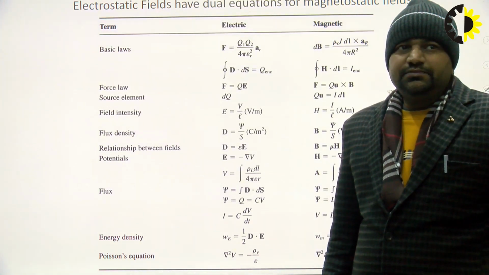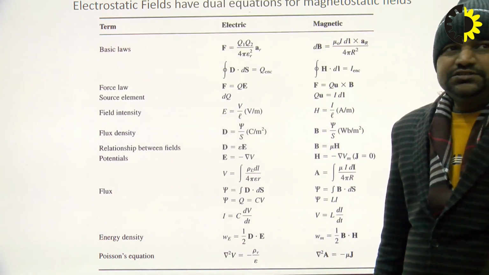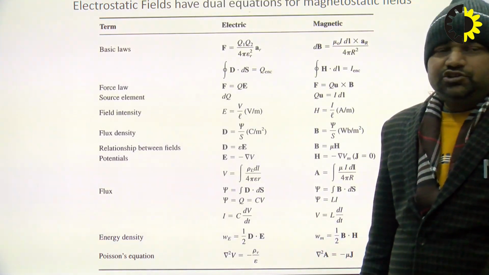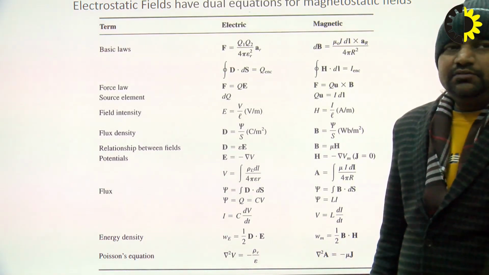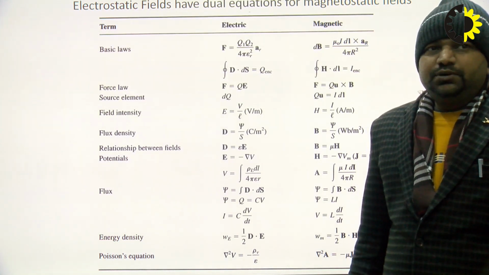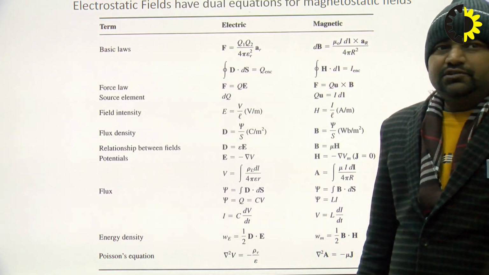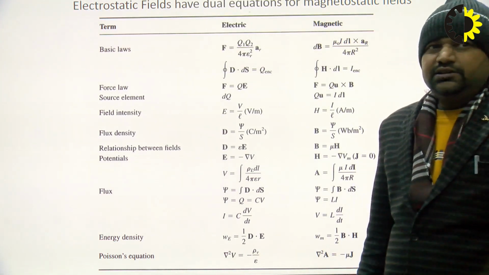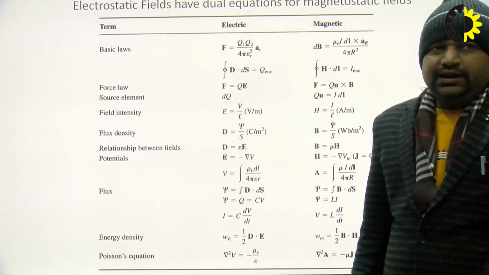What are the basic laws? The Coulomb force in the electric field is Q1 Q2 upon 4 pi epsilon naught R square, in the direction of aR. But in the magnetic field we have dB, where B is the magnetic flux density, which is equal to mu naught I dl cross aR upon 4 pi R square, where R is the distance from the filament conductor to the point P where the magnetic flux density is defined.